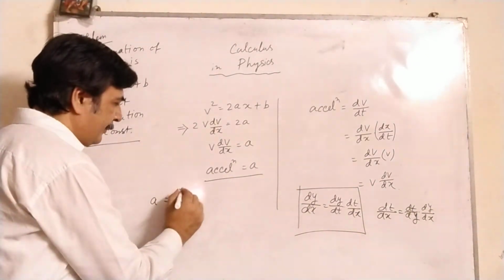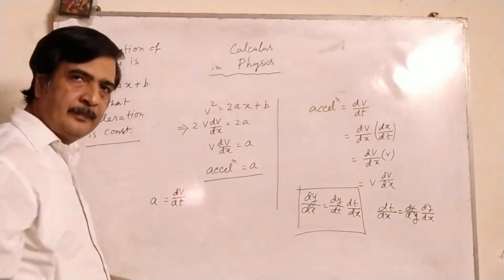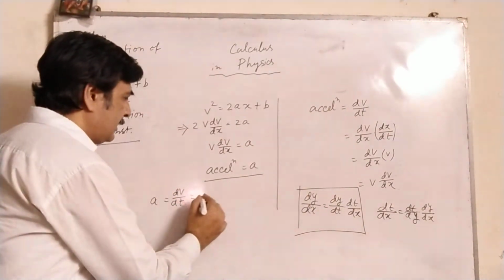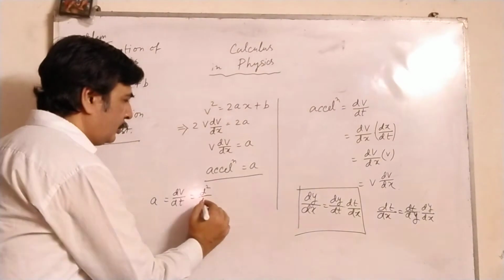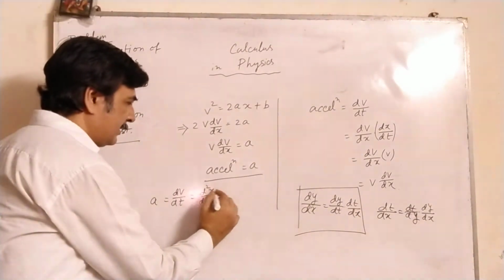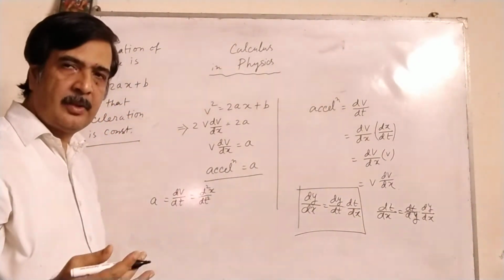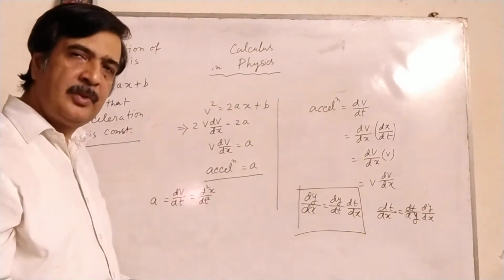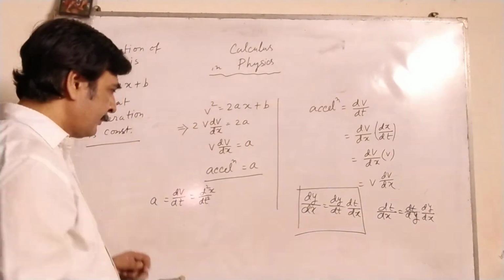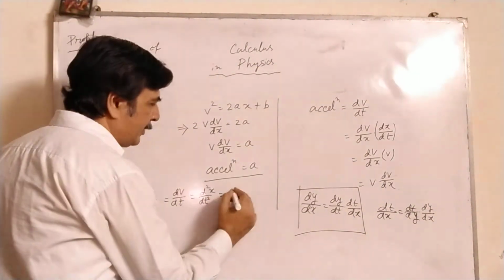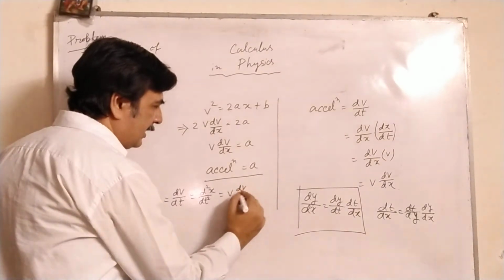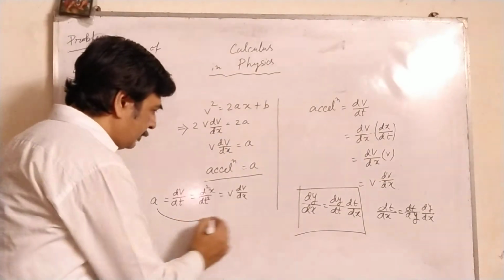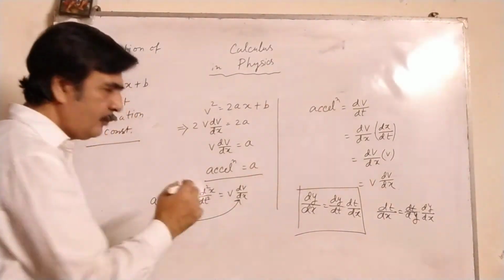Acceleration is dv/dt, rate of change of velocity, double differentiation of displacement. Obviously, one time if you differentiate it will be velocity, another time if you differentiate it will be acceleration. And also it can be represented as v dv/dx. So this one we have applied here: a is equal to v dv/dx.